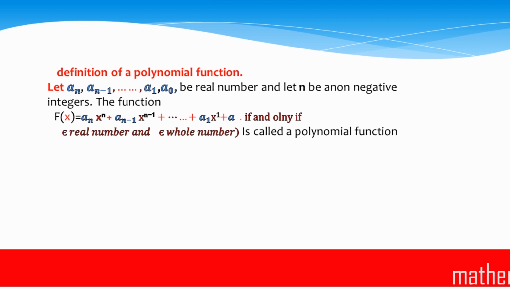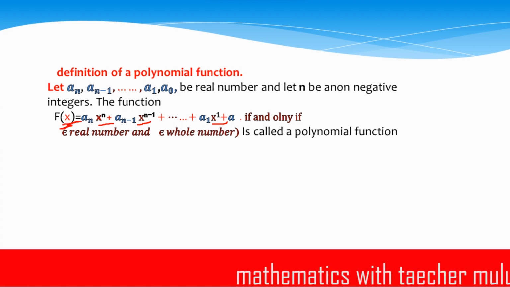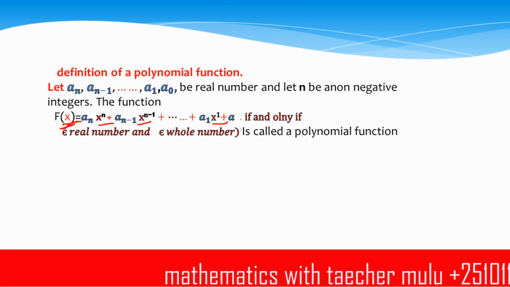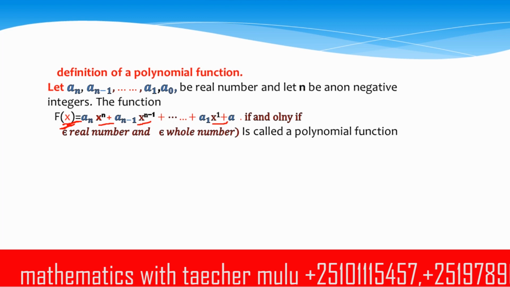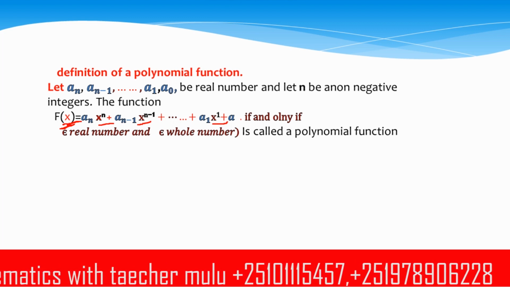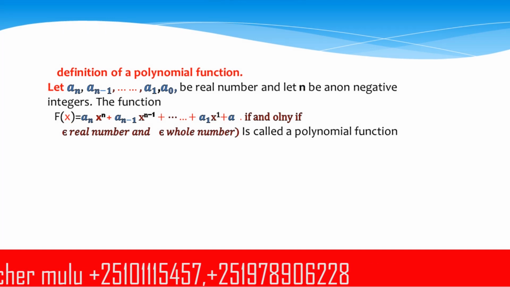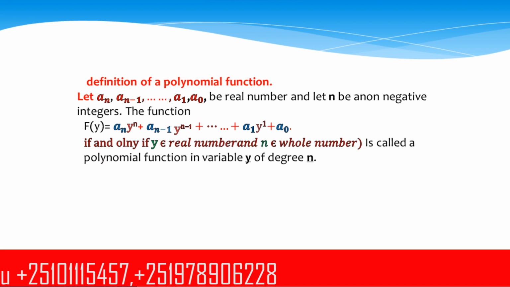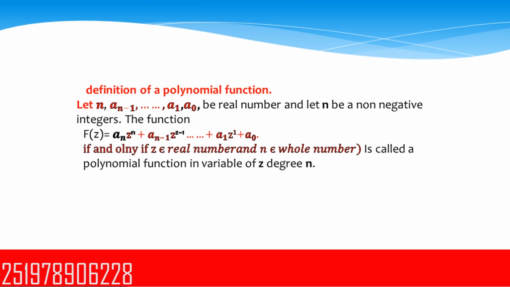The variable is x because this x and this x are in the brackets of f. In the second one, y is the variable. The third one, z is the variable.